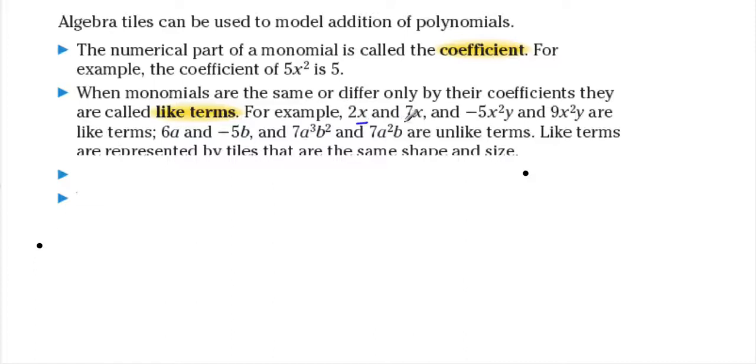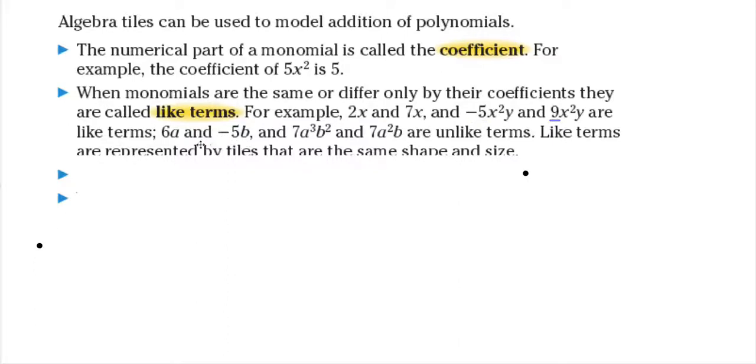Their variables are the same together with their exponents, and they only differ by their coefficients. So 2x and 7x are like terms, and negative 5x squared y and 9x squared y are like terms. Those are called like terms.